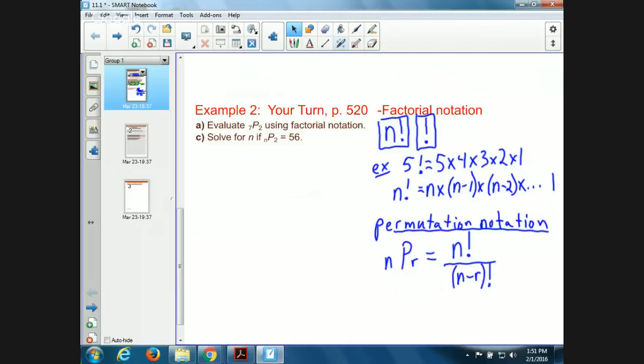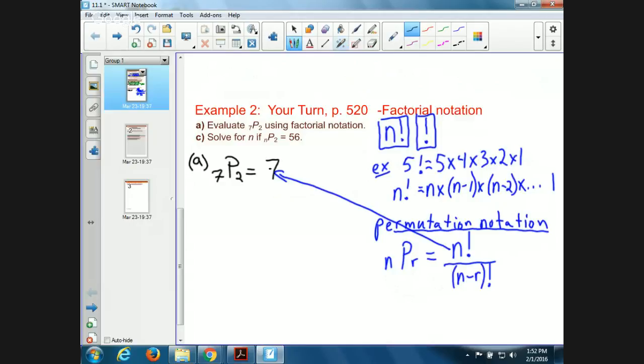So A, evaluate 7P2 using factorial notation. 7P2. Okay, we're going to assume you're going to do this without a calculator, using factorial notation. So 7P2, that means, keep in mind we're using this formula here, the numerator is 7 factorial.